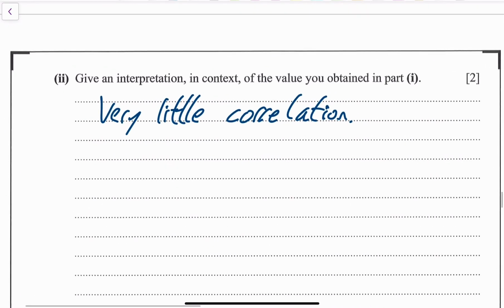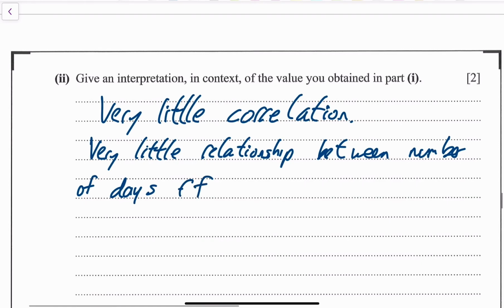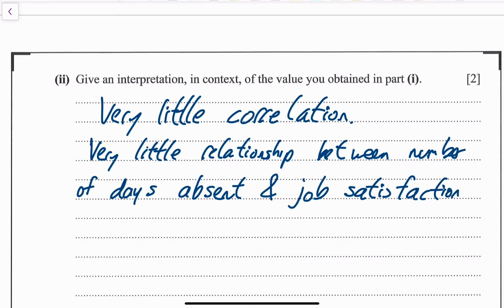Okay, so that means there is very little relationship between, remember we're talking about job satisfaction and number of days off, or days absent, I think they said, use their language, days absent, and job satisfaction. Okay, so that's quite a good thing for a company.